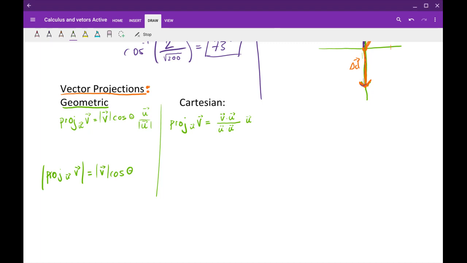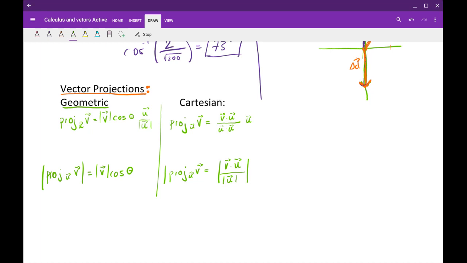No, that's right, sorry, it's getting late over here, so that's correct. And if I want just the magnitude of the projection of V onto U, and my information is given in Cartesian format, it's simply V dot U over U magnitude, absolute value.